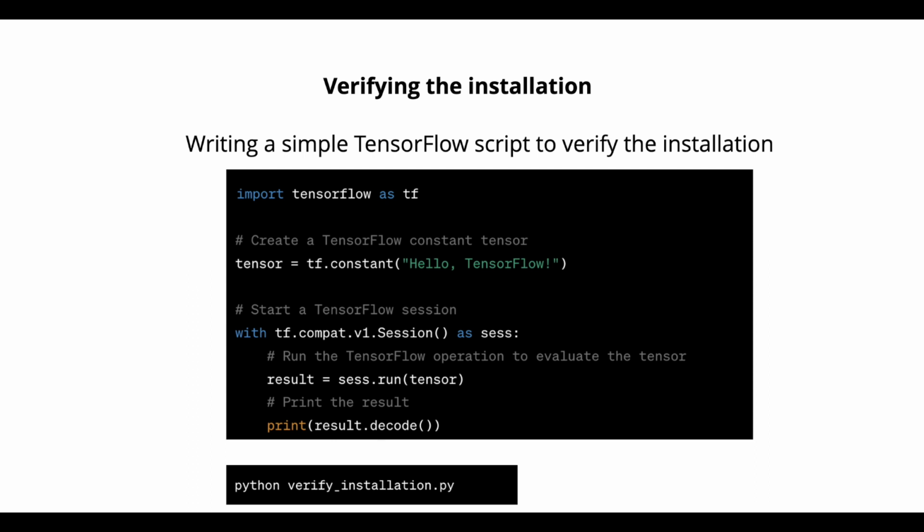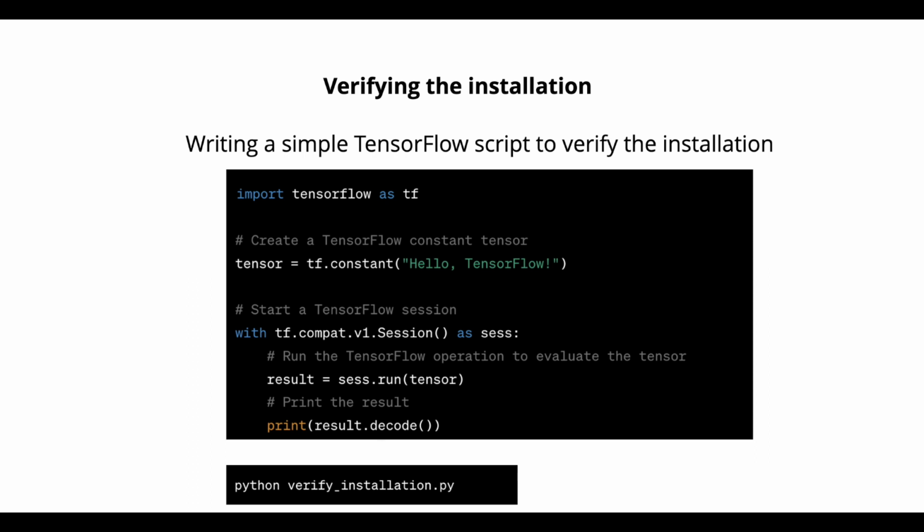I'm going to go over these details later, but save the script to a Python file, call it verify_installation.py, and run it using your Python interpreter. The script performs the following steps. First, it imports the TensorFlow library to access its functionalities. Next, it creates a TensorFlow constant tensor containing the string Hello TensorFlow.